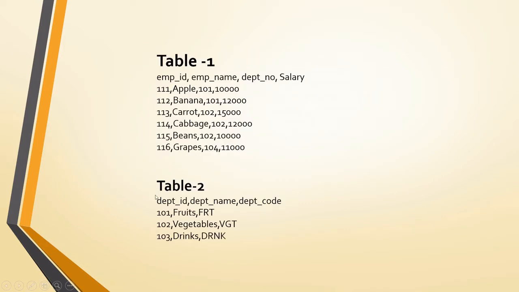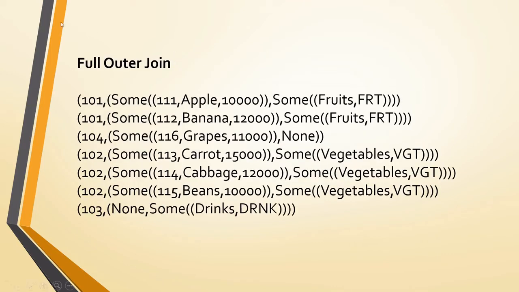And similarly we have full outer join. Full outer join means irrespective of matching keys, it will give all the records from both the tables. So something like this: 101, 102, 103 and 104, all the keys are present here. And you can notice something called Some or None. Spark will give this kind of structure when we perform the full outer join. That is because, for example, 101 is present in both the tables, which means that Some is present.